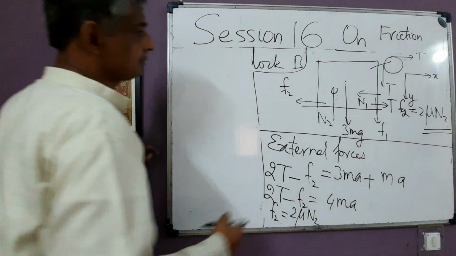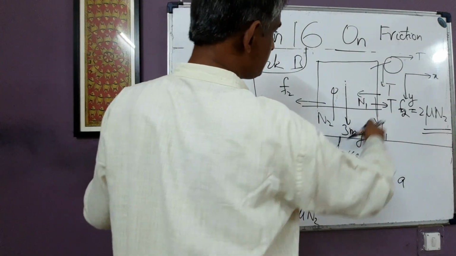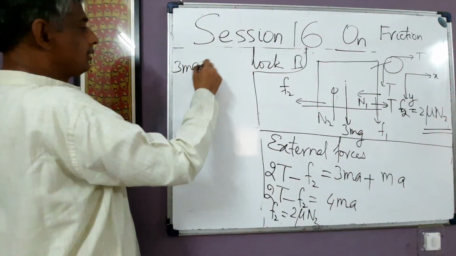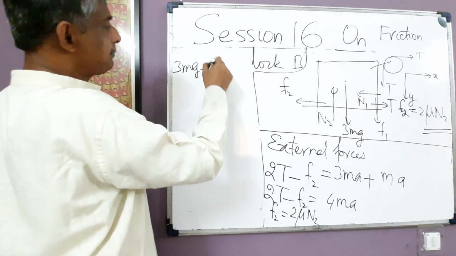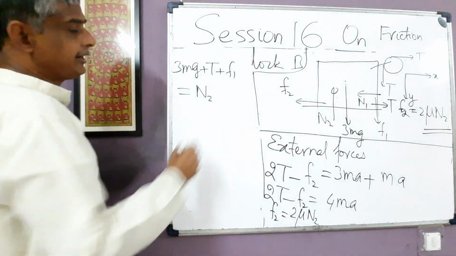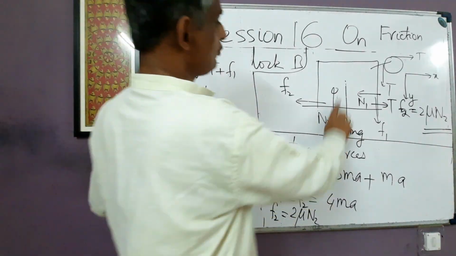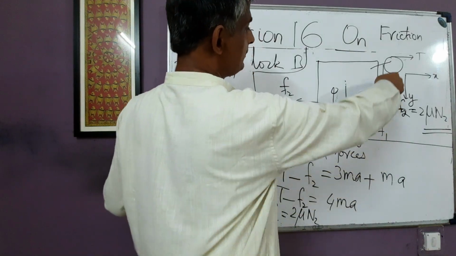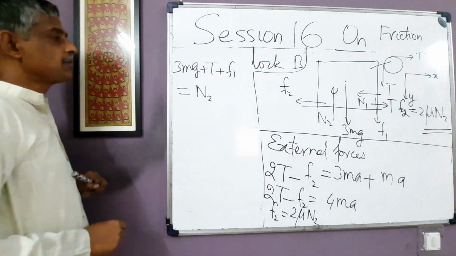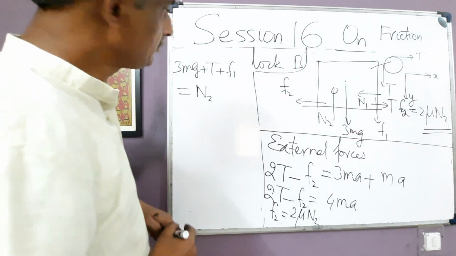What do you get here? Downward force is 3mg plus T plus F1, and that is equal to N2.